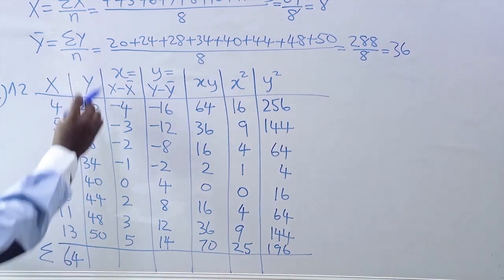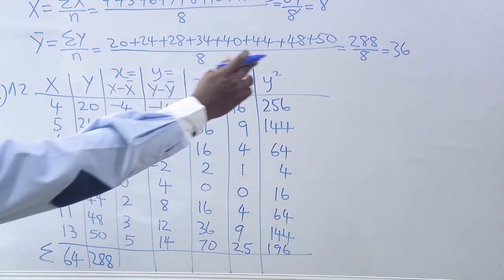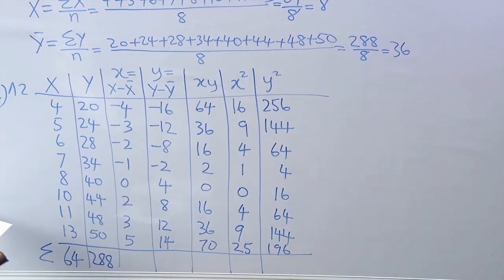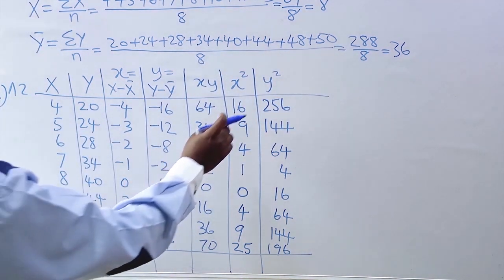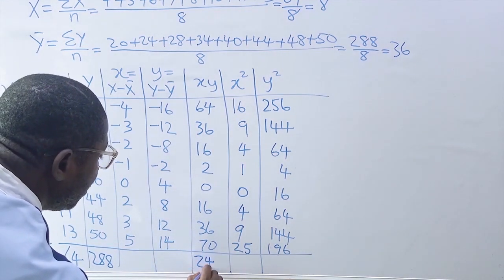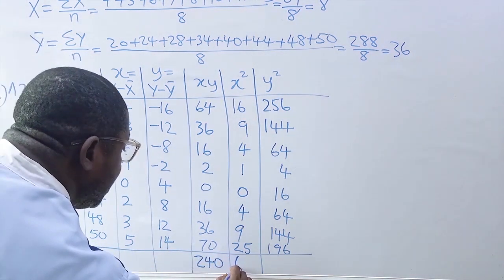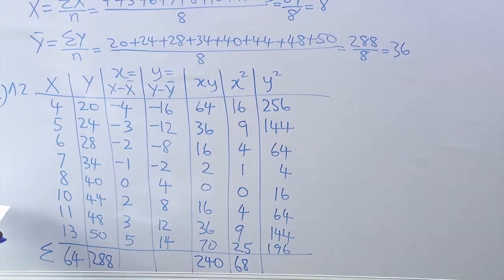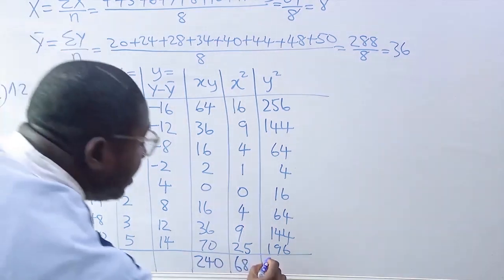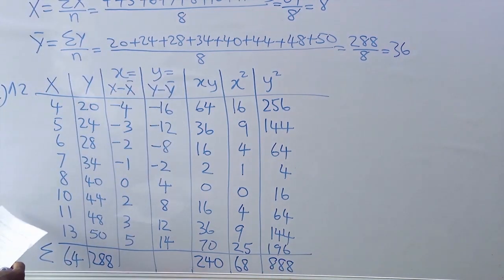The sum of y is 288, as you can see up here. Then we now sum our xy. Xy is giving us 240. The sum of x squared is given as 68, and the sum of y squared is given as 888. You can check off these values, 888.